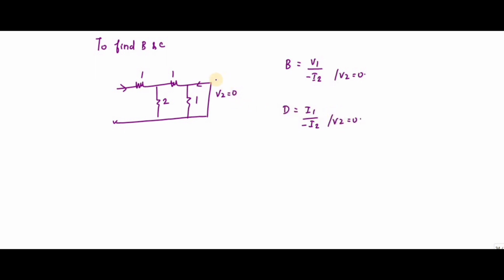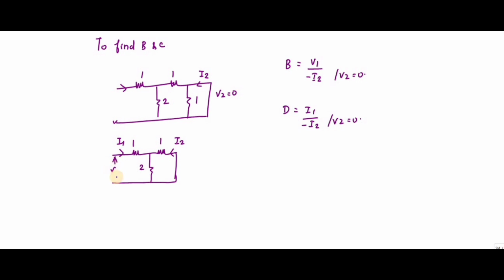Since this is short circuited, there is no use in connecting the 1 ohm resistor, because the entire current will flow through this path, and that value is I2. So these are the resistances. This is I1 and this is V1.